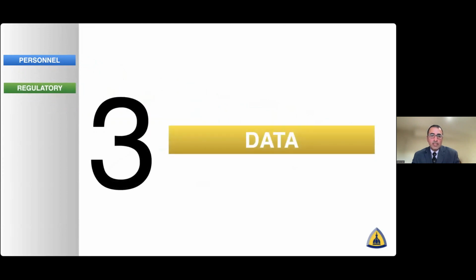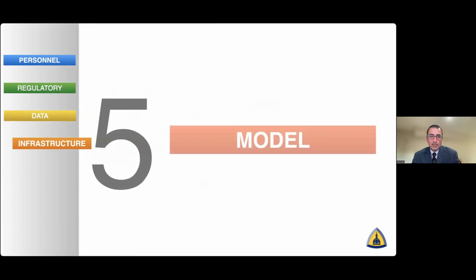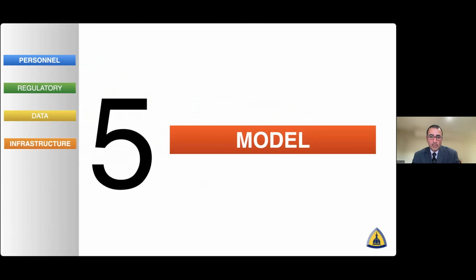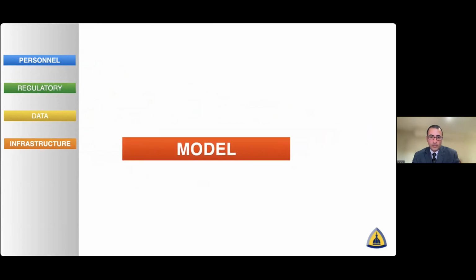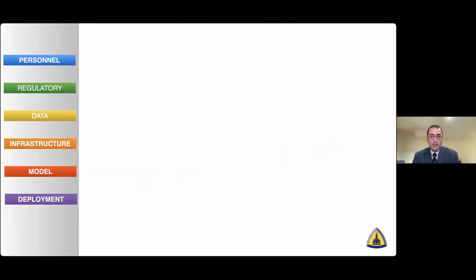Number 3 is the data, like we talked about a little bit. Number 4 is the infrastructure that's available for the project. Number 5 is the model that you're going to use for the project or software. And then number 6 is going to end up being the deployment once you've essentially finalized your project, right?